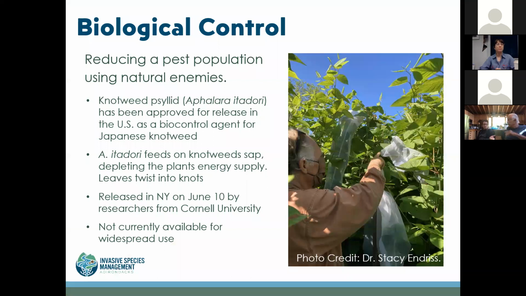And lastly, I'll just very briefly mention this third control technique. Biological control is the use of a native pest to help control a target pest. Essentially, we look back to the native range of where knotweed occurs, like East Asia and Japan. In knotweed's native range, we try to determine what types of predators, parasites, or pathogens keep that species in check.